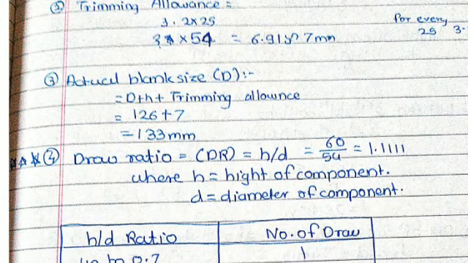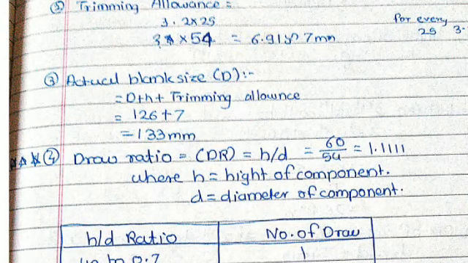Next point is draw ratio, which is given as H by d. Please remember, small h is the height of the cup to be drawn, and small d is the diameter of cup to be drawn. h is given as 60 in the problem itself, d is given as 54. So this h by d ratio is coming out to be 1.11. Therefore, from this h by d ratio, we can calculate how many draws are required for this cup to be drawn.